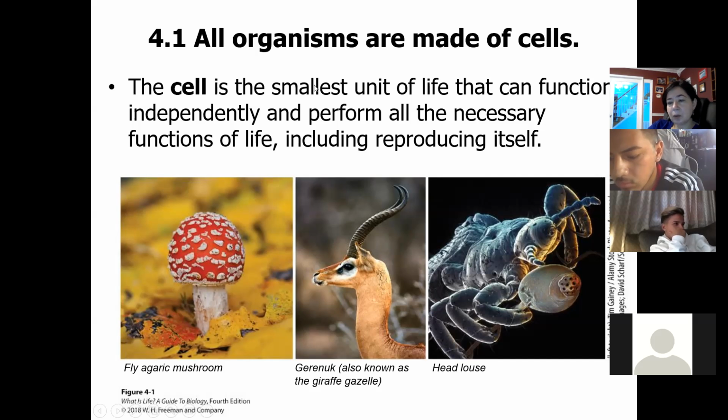And bottom line, all organisms are made of cells. An organism can be made of only one cell, or of many cells. For example, a mushroom, which is a fungus, a gazelle, and a head louse are all made of cells.